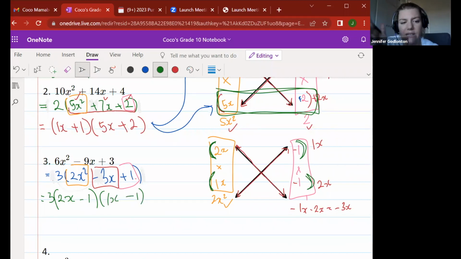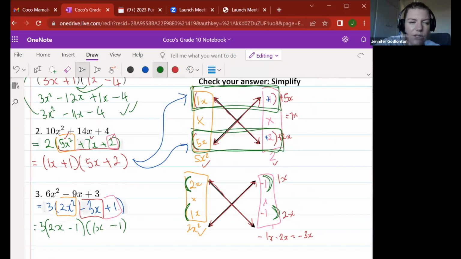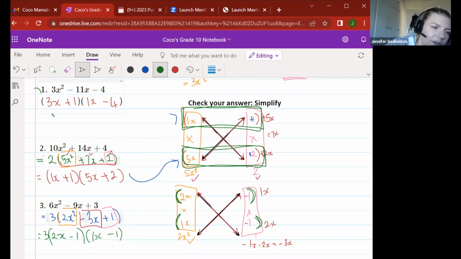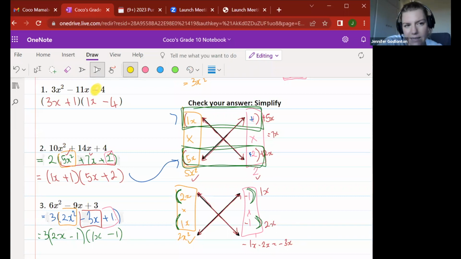And if you had written it as 1x minus 1 and then in the second bracket 2x minus 1, that's completely okay. Doesn't matter. So just some tricks here just to help you as you're going through this. Let me just erase this so that you can see what's going on. All right. If this sign is a negative, then inside our brackets, we're always going to have one positive and one negative.